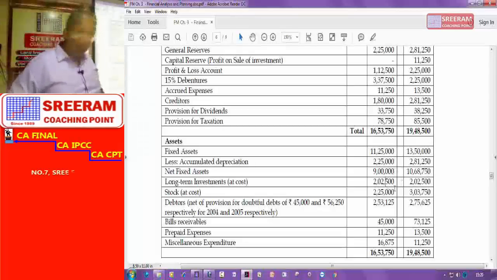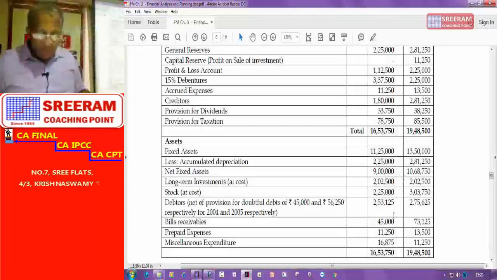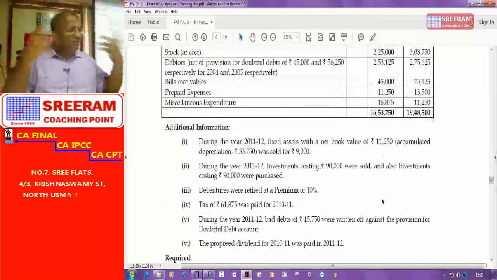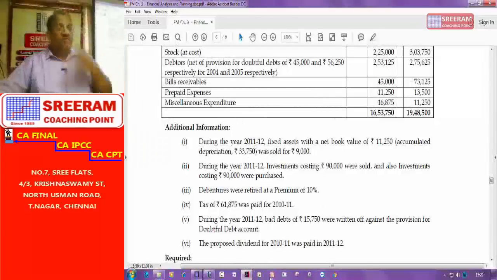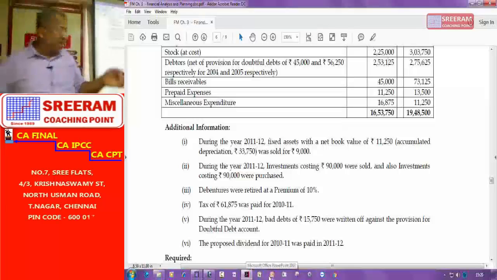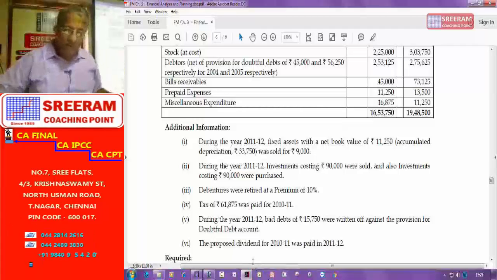There is nothing new to add. Stock, you have to take at the same value. Debtors, some information they have given regarding bad debts written off. That will not affect anything because it only affects your provision account. Your debtors account is after deducting the provision. So this adjustment is given only for confusion and to create anxiety. Please ignore that adjustment.